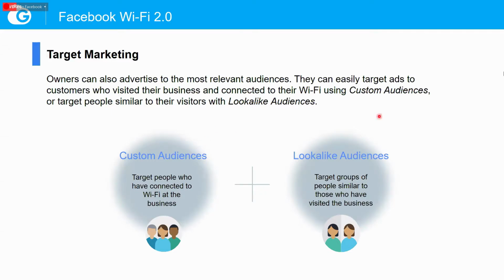Now, they also have lookalike audiences for target marketing. So basically, let's say you have a certain target profile, or you notice that this is the age bracket that always visits my cafe or my milk tea shop.